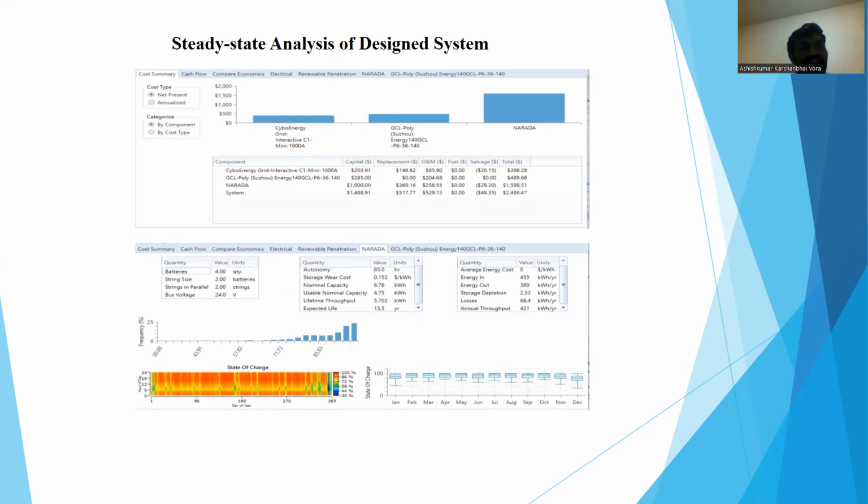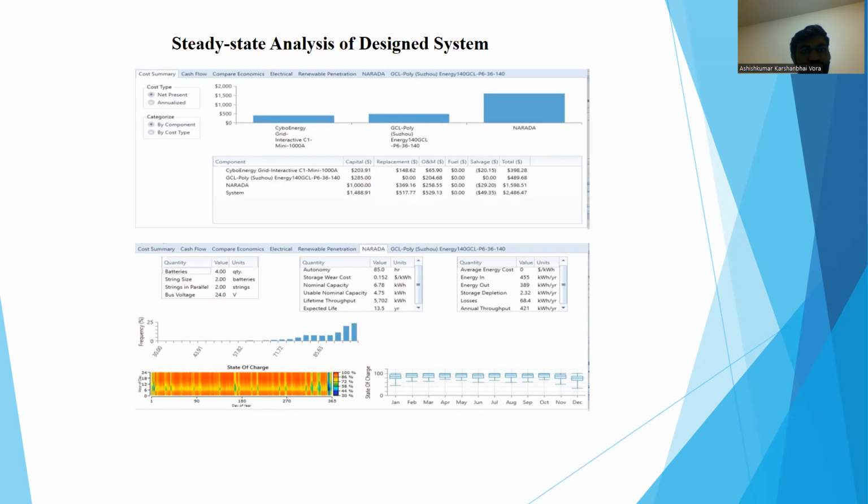Here are the different features used in the system to monitor various things: cost summary, cash flow, compare economics, electrical, renewable, and so on, and you can see the different quantities, values, and units.